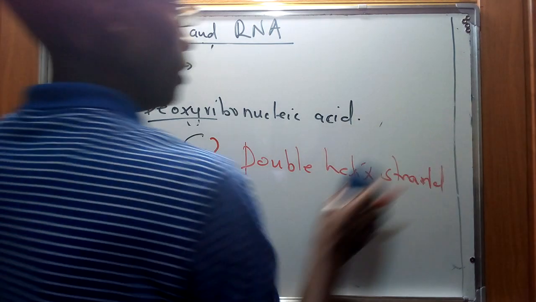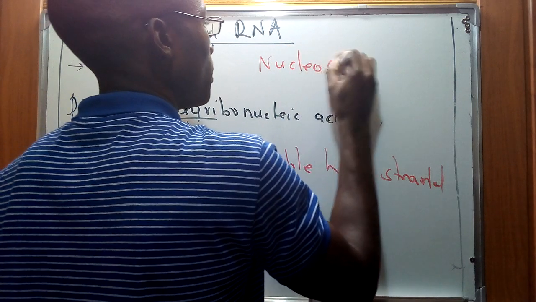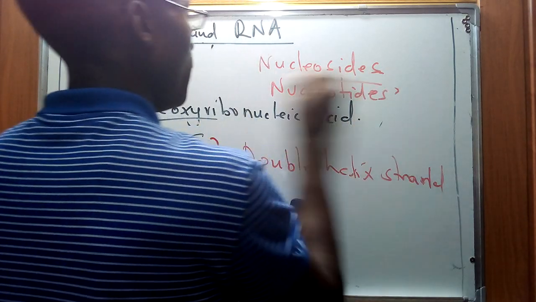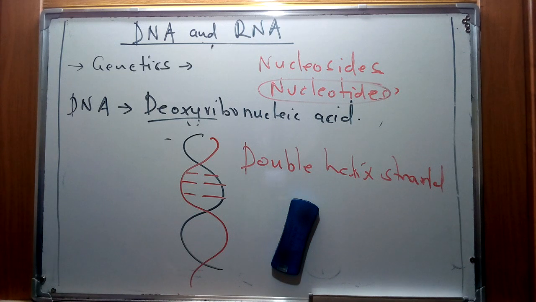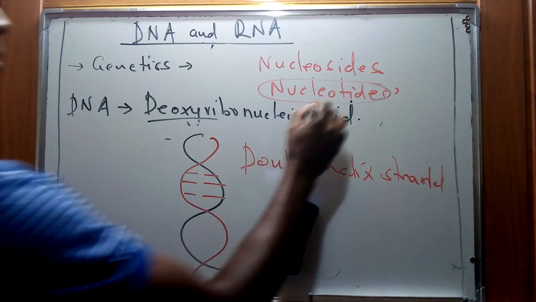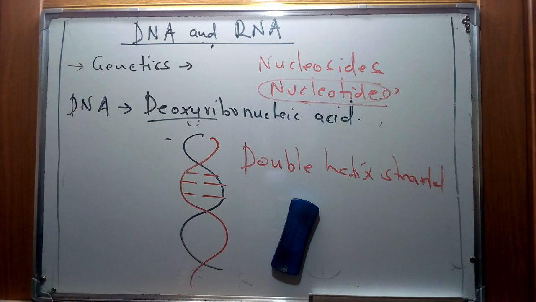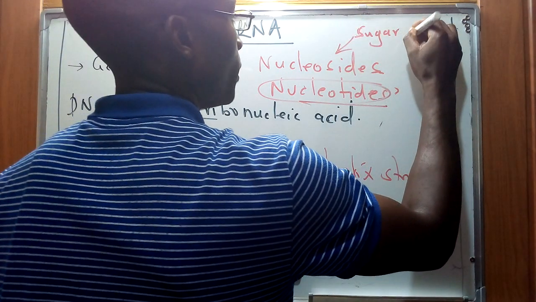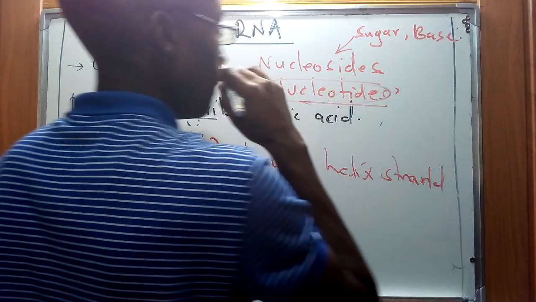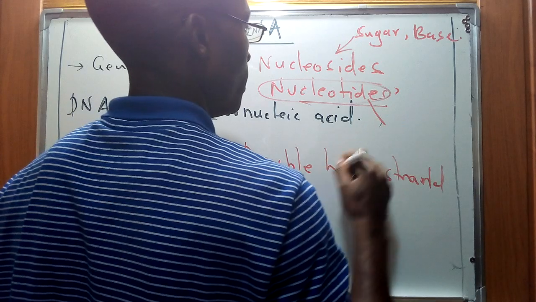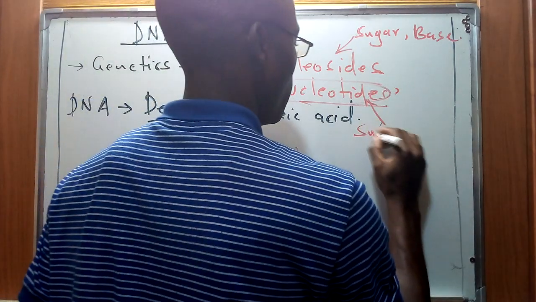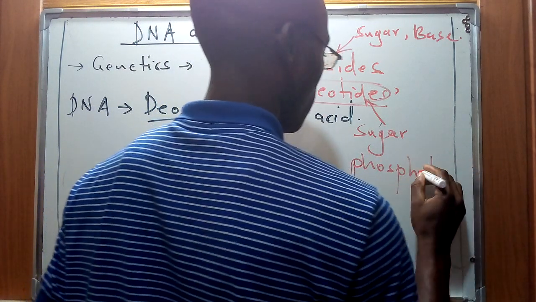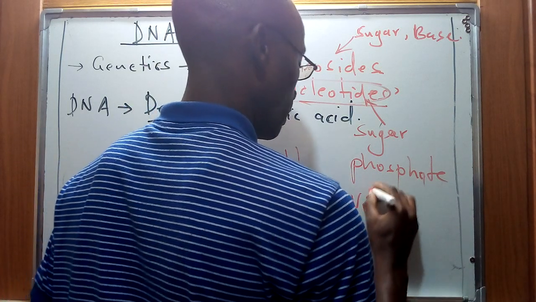There's a difference between nucleosides and nucleotides, and these molecules fall under these specific categories. Nucleosides contain the sugar and a nucleic base, or a nitrogenous base, whereas nucleotides contain a sugar, a phosphate molecule, and a nitrogenous base.